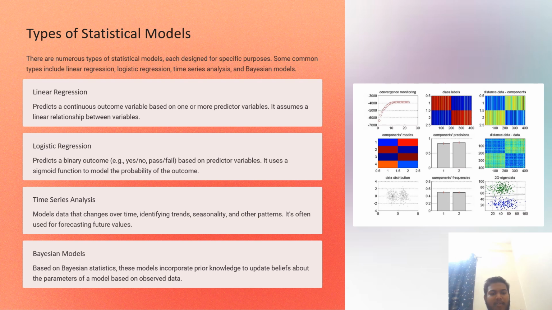Bayesian models, based on Bayesian statistics, incorporate prior knowledge to update beliefs about the parameters of the model based on observed data.